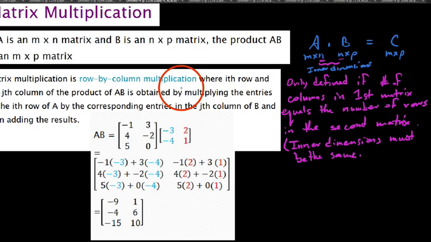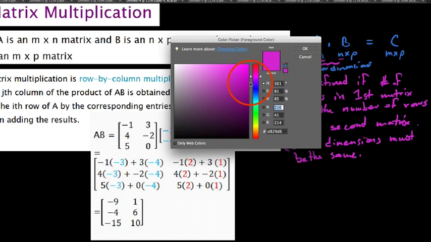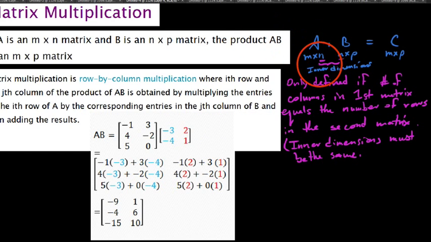if you want matrix multiplication to work. Now the interesting thing is, maybe I should switch colors here, to an orangey. Notice that on your product matrix, the product of your two original matrices A times B, this matrix here, m by p, these are the outer dimensions. We'll refer to these two in yellow as the outer dimensions.